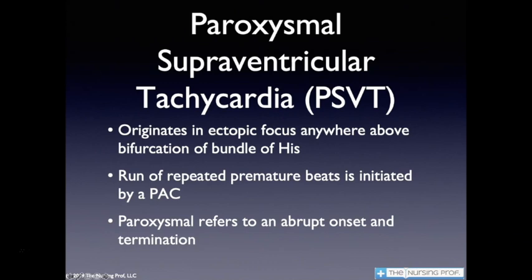So we have a run of repeated premature beats that is initiated by a PAC, a premature atrial contraction. It'll start and stop just on its own. The number of beats may be 10, maybe 15, 20, but it starts and stops on its own.